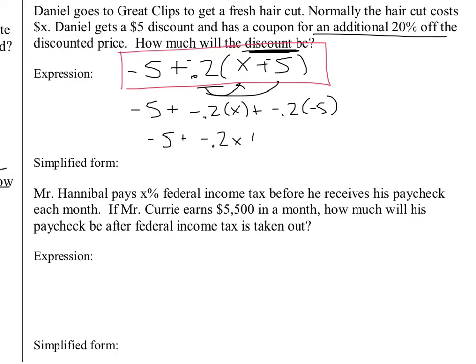That's -5 plus 0.2x plus 0.2 times 5, which is just 1. Continue to simplify by commuting my like terms, and combine my like terms, which is going to give me -0.2x plus -4.